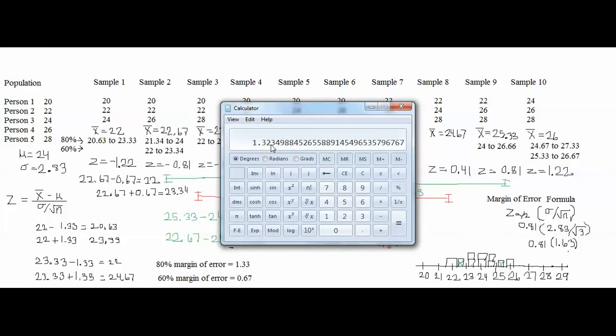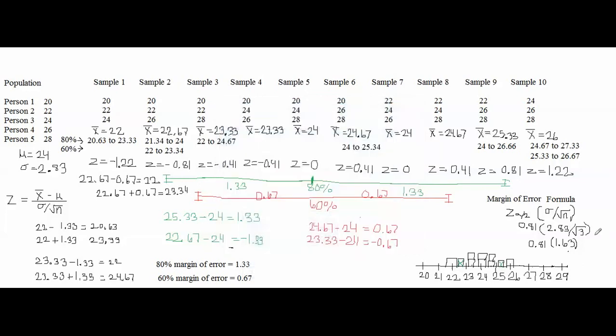You must have rounded somewhere, so that it caused it to be off a little bit, but it should come out to 1.33, which we already know is the 80% margin of error. So we used a formula to calculate the 80% margin of error, which is something that we actually already had.